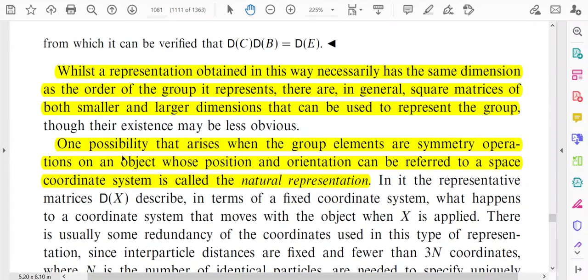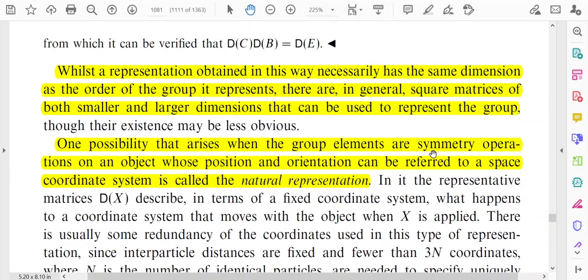So again, listen to the sentence: when the group elements are symmetry operations on an object. In our earlier lecture we discussed the group that consists of the symmetry operations on an equilateral triangle, so you can also consider that particular group.